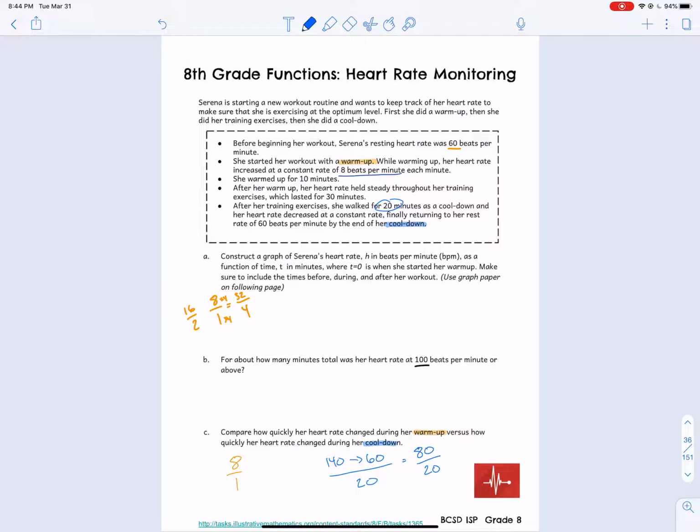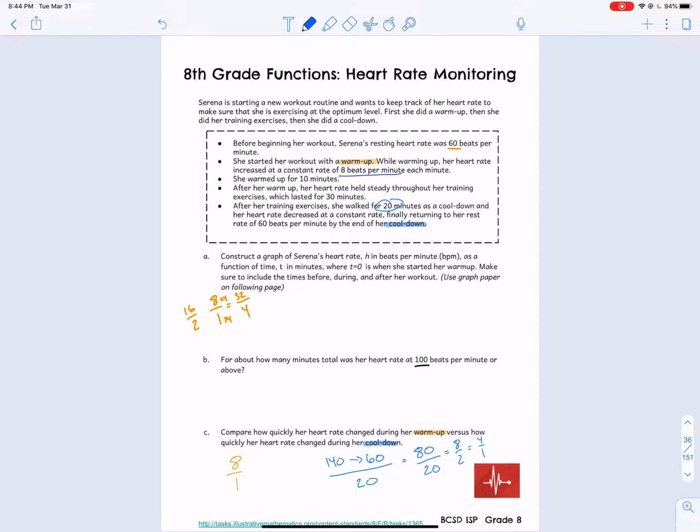So if we simplify this, we divide by 10, we get 8 over 2. Divide that by 2, we get 4 over 1. All right, so let's see which one is quicker. So how quickly her heart rate changed during the warm-up versus how quickly it changed during her cool-down.